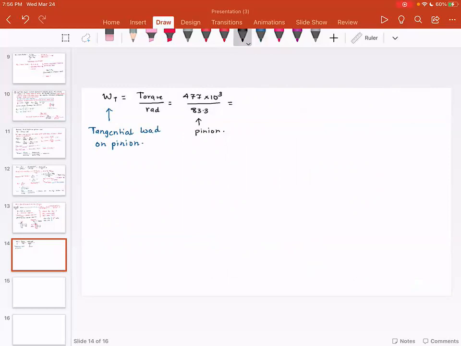So when you do this, this gives you 5731 Newton.